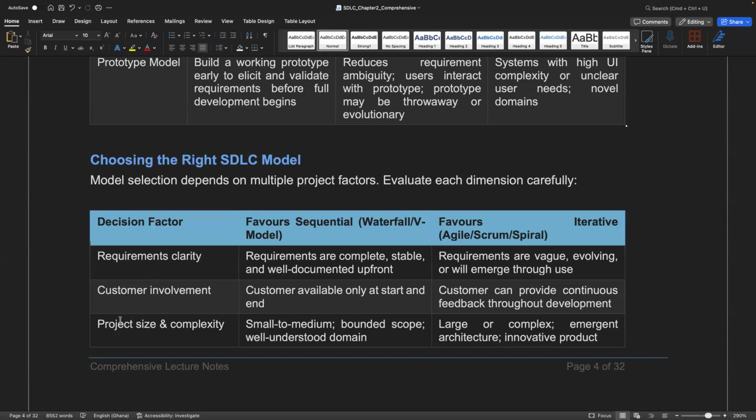Maybe we need pre-admission, student module, staff module, finance module, library module, the LMS module. Everything is there. Now, as a project team, which model do you choose? It's not that easy.